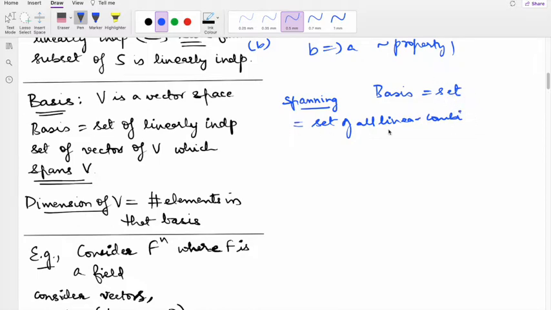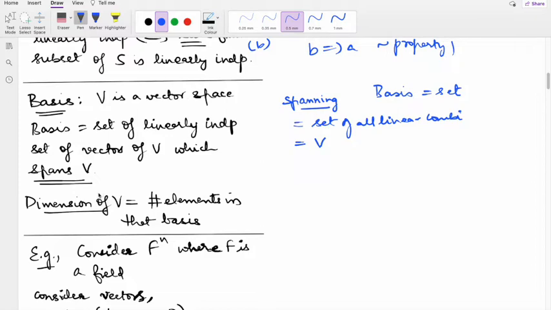If this set of linear combinations turns out to be the vector space itself, then we say that this particular set is a basis for V. This is what the definition tells you.